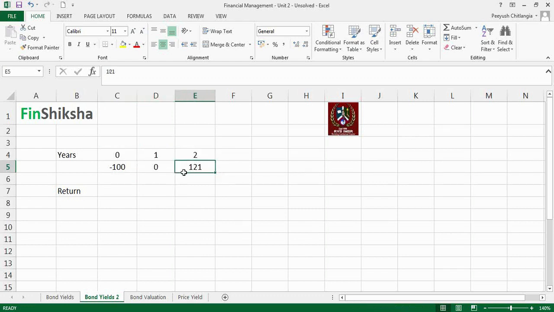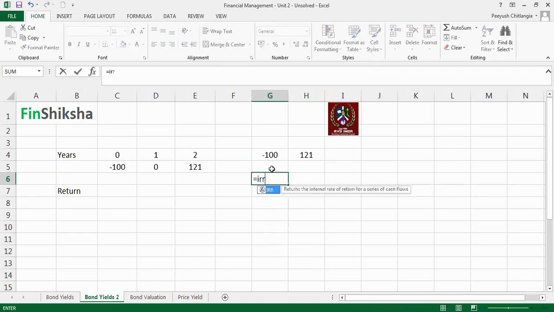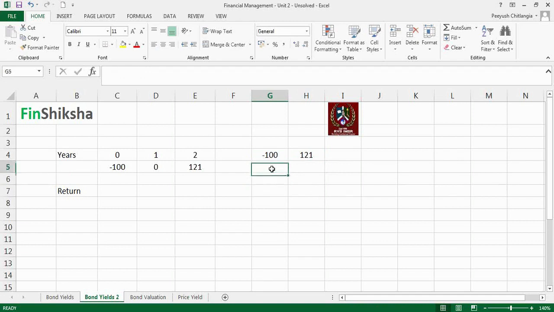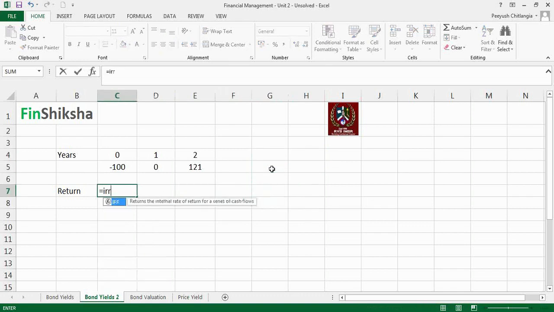If I don't give this 0 and I just put in the set of cash flows as minus 100 and 121, Excel will believe that 121 is coming in the first year, right? And if I do an IRR of this, remember IRR needs one negative signal, it'll give a 21% return. That's not true because this 121 is coming in the second year. So we will need to put in a 0 in between. Let's try and calculate IRR.